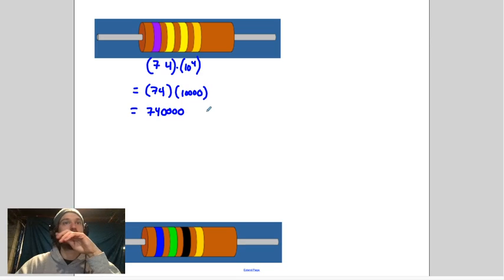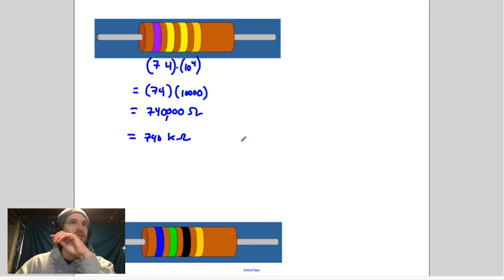So you can do these pretty fast once you get the hang of it, okay? Put a comma there. That's 740,000 ohms, or 740 kilo ohms. I think kilo ohms makes more sense here as a unit for us to use. Okay, you could also write it as 0.74 mega ohms. I think one of these is the unit that makes the most sense.